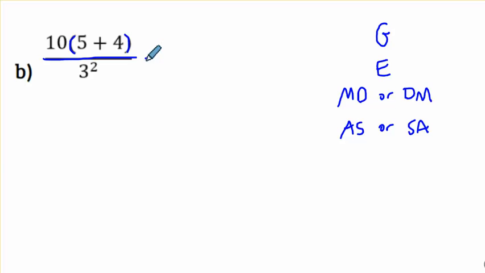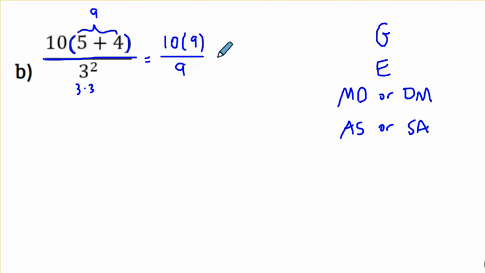Okay, so the top, we're going to take care of 5 plus 4 and get 9. So we wind up with 10 parentheses 9 on the top, and then 3 to the second power, we could go ahead, since it's grouping, we could go ahead and deal with that next. 3 to the second power is 3 times 3, which is 9.